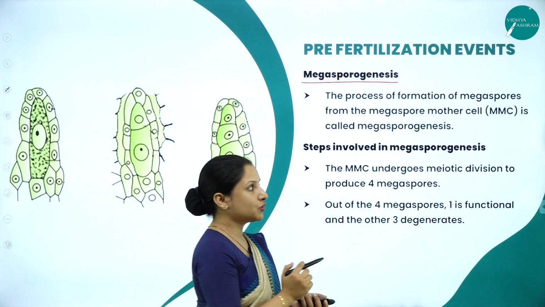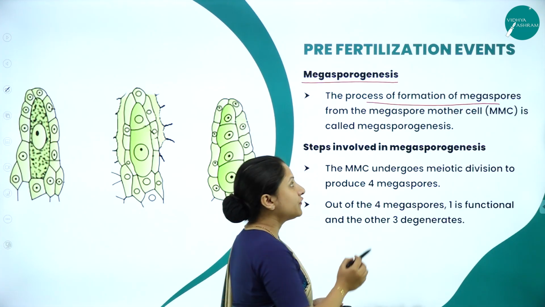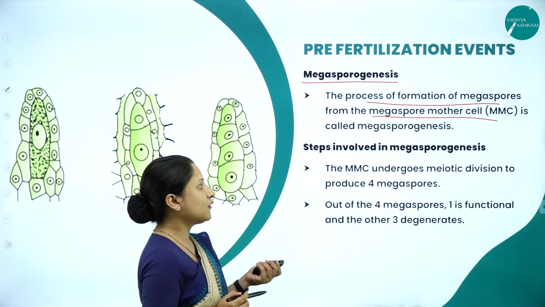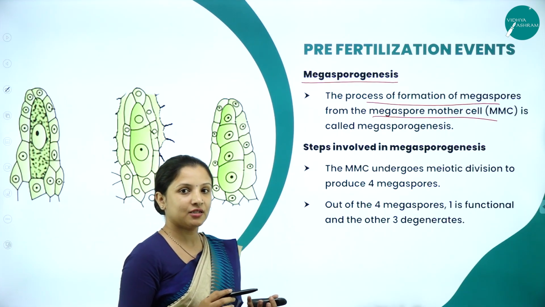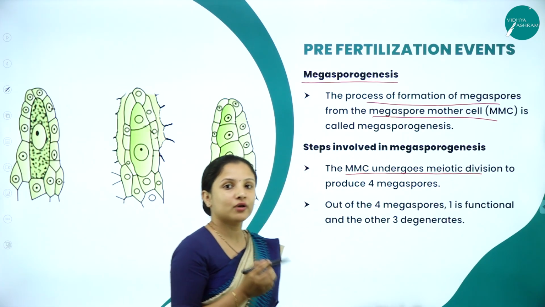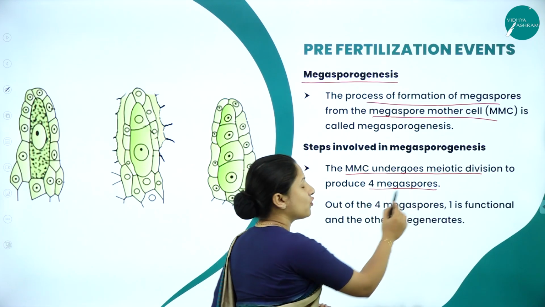So what is megasporogenesis? It is the process of formation of megaspores from the megaspore mother cell. Here also, the megaspore mother cell will undergo reduction division, that is meiotic division, and it will produce 4 megaspores.